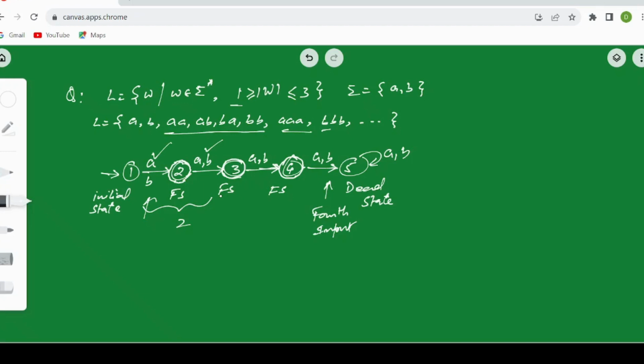If this question is modified so that the language is changed, that is, in place of 1 it is 0, it implies that this automaton is accepting strings of length 0, 1, 2 and 3. String of length 0 is nothing but the epsilon. It implies that this automaton is accepting the epsilon, which is the string of length 0.